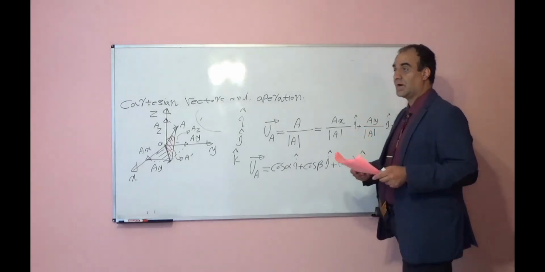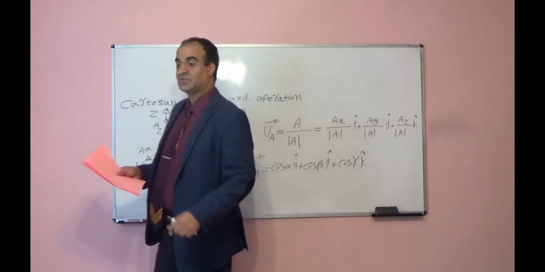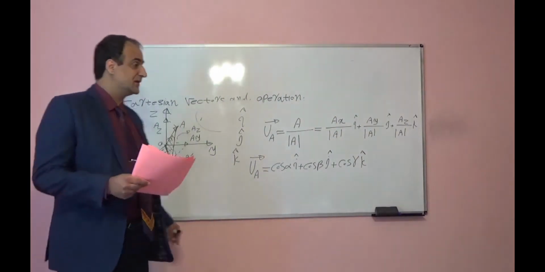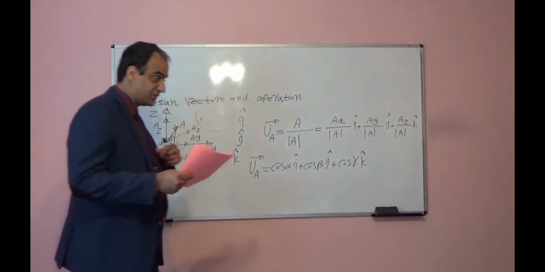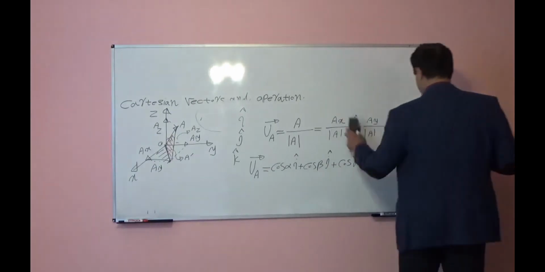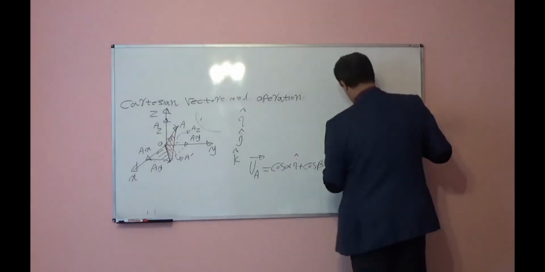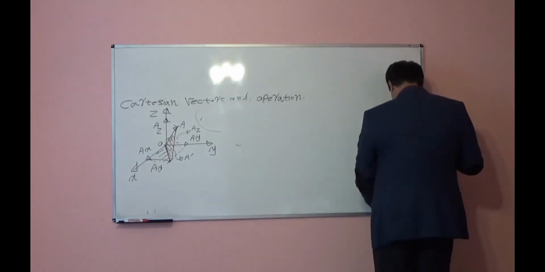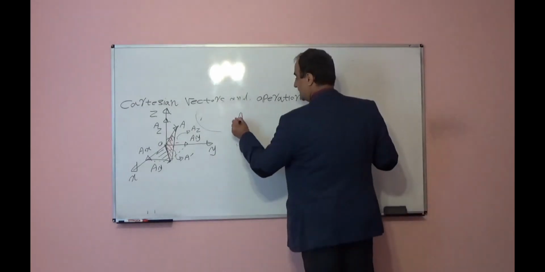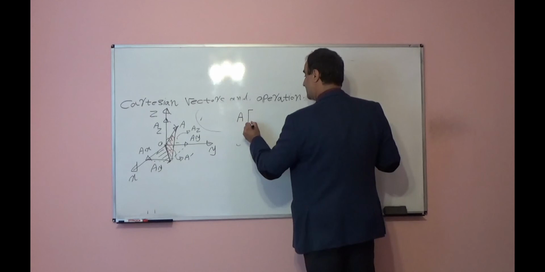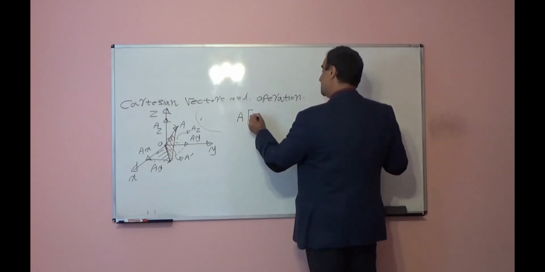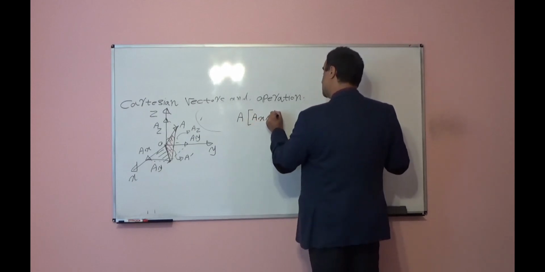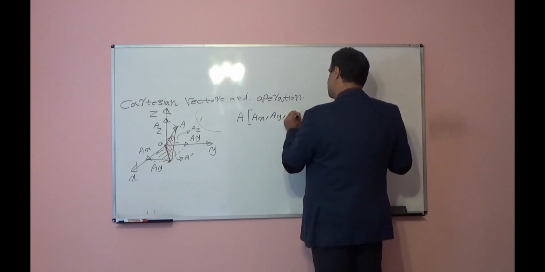Okay, now how can we add two vectors in Cartesian vector form? For example, you have vector A, and the components of vector A will be Ax, Ay, Az.